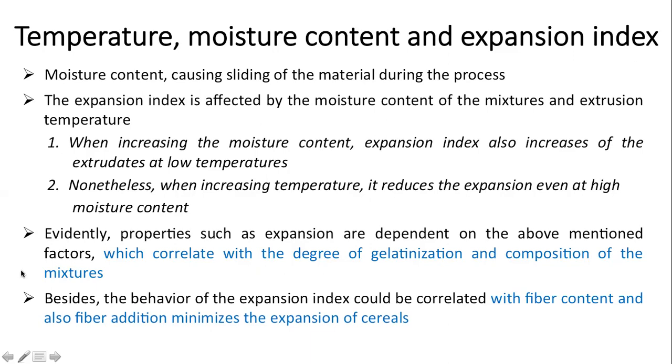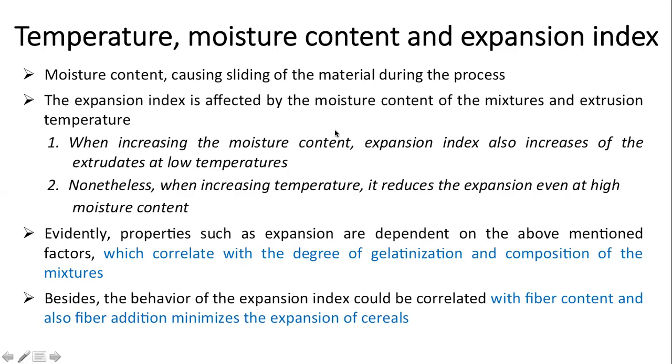That's true. Besides, the behavior of the expansion index could be correlated with fiber content, and also fiber addition minimizes the expansion of cereals. What will happen when we increase the fiber content? So expansion will be decreased, right?